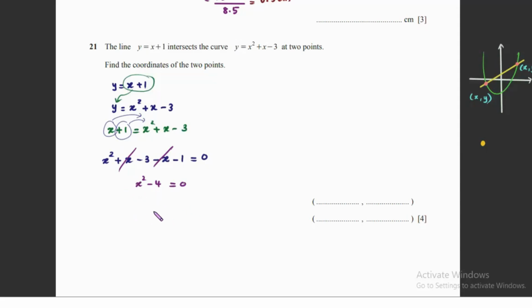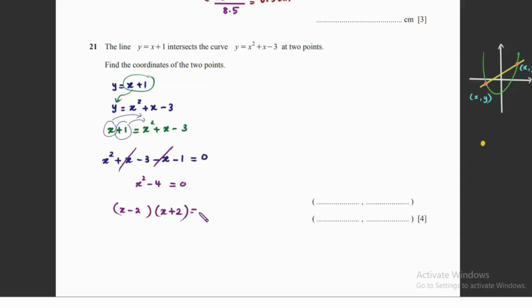When we have the difference of squares, I'm going to write this inside the brackets as x minus 2 and x plus 2. So the same numbers and terms go inside the brackets, but one with a plus and the other one with a minus. The terms that go inside the brackets are the square rooted values of x squared and 4, which is x and 2.